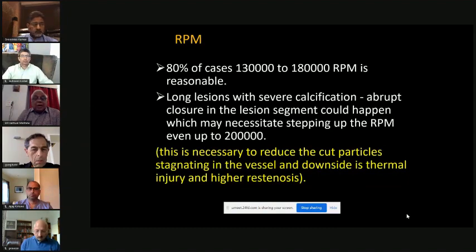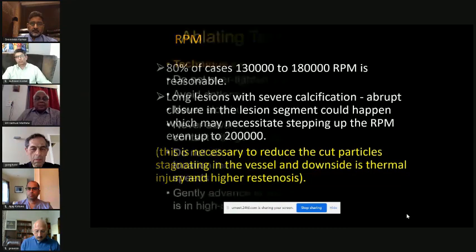We have to increase the RPM even up to 200,000 to get the flow back in. If you keep on cutting at low RPM, we may produce sludging of the cut material inside the vessel, and once you go through, it will all go and block the distal vessels. This is necessary to reduce the cut particle size stagnating in the vessel.